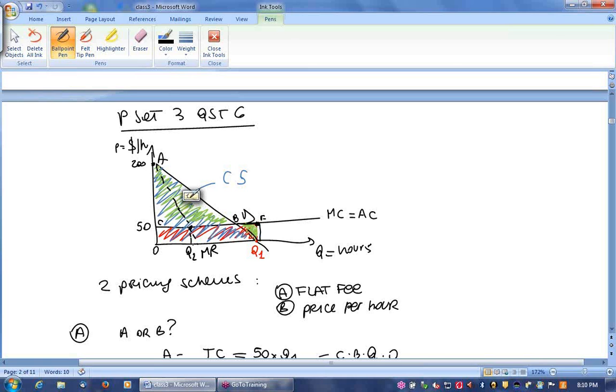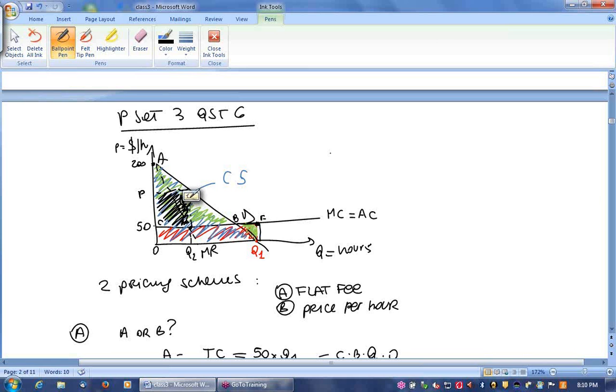We have Q2. And we have the price. So these are the profits under the second pricing scheme.